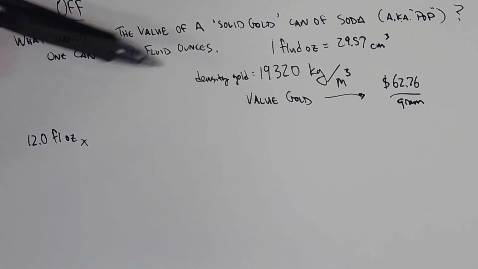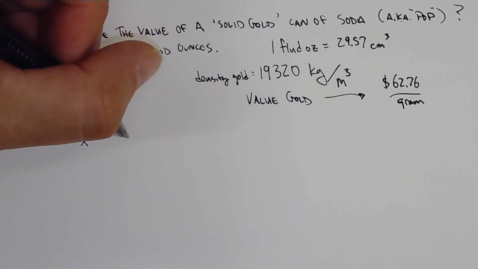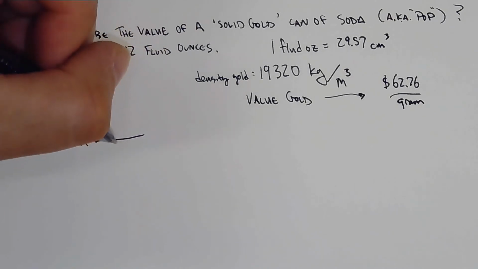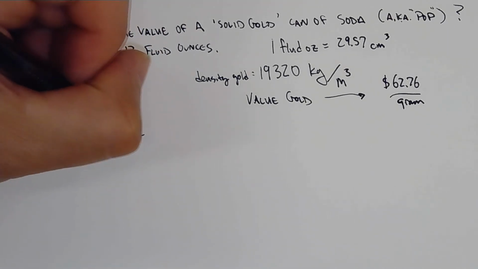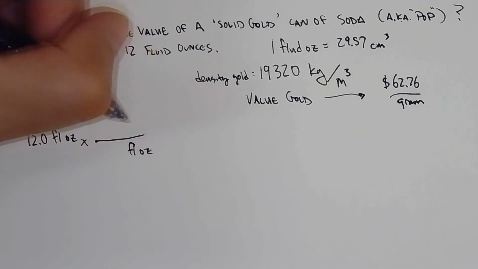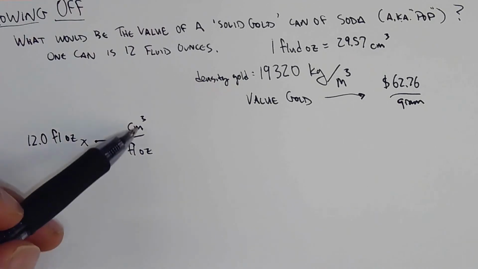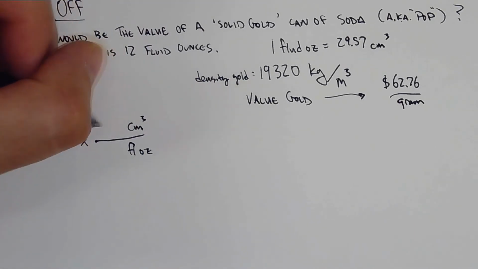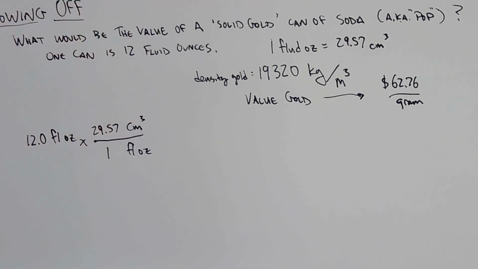So we're going to convert fluid ounces to cubic centimeters. And again, that information is just set up already for us. So we have fluid ounces on bottom, and cubic centimeters on top. Fluid ounces cancel with fluid ounces, leaves us with cubic centimeters. That's 29.57 cubic centimeters per fluid ounce.